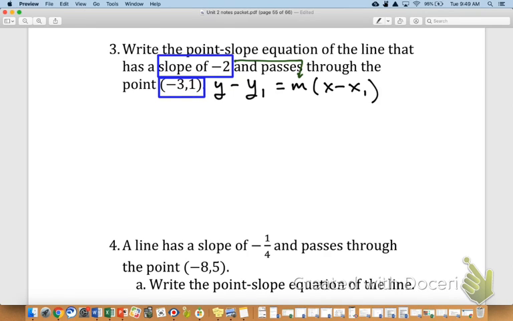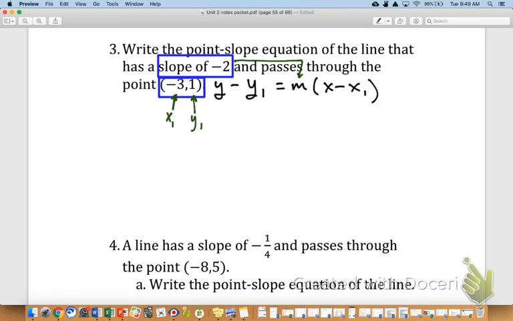I think you're going to find this point slope form is even easier than any slope intercept you've ever done. Please pay attention. Isn't this my x1 and this my y1? It's my x coordinate and my y coordinate. With point slope form, all you have to do is drop numbers into where they go and you're done.